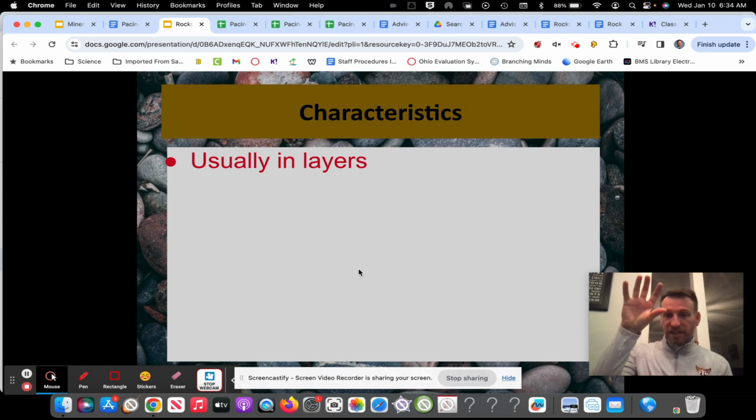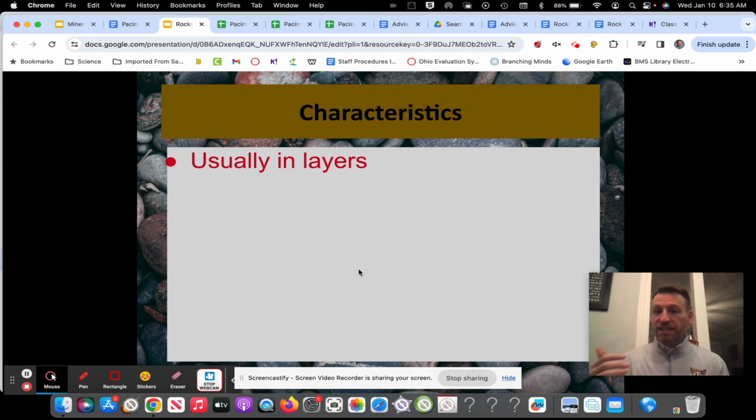We had a list of intrusive igneous rock characteristics and a list of extrusive igneous rock characteristics. We don't see that for this. Okay. These are basically all three subgroups can have these characteristics. One of them is that we usually see them formed in layers. And based off of how they form, those 5 steps that you just went through on that flow chart, that should be logical. That should make sense that they form in layers.